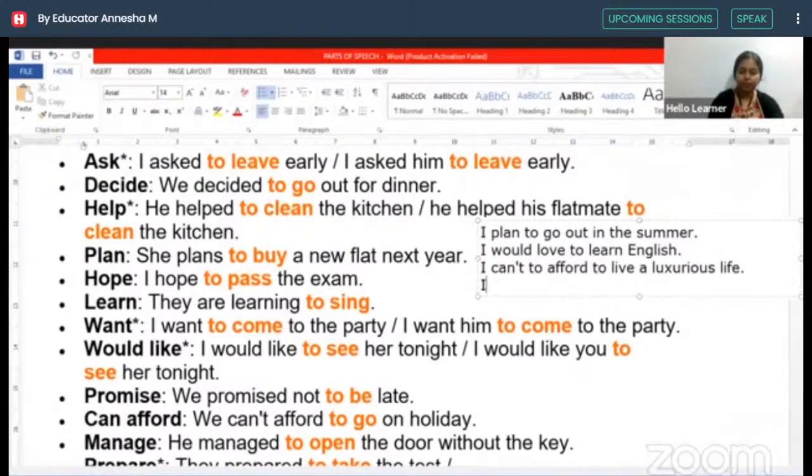I love to listen English news. I love to listen to English songs. News में. News. Okay. Correct. बिल्कुल सही. But love again is a kind of verb Abhay, that can work with both infinitives and gerunds. Right? Infinitive के साथ भी हो सकता है, gerund के साथ भी हो सकता है.